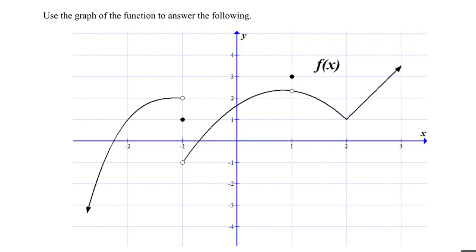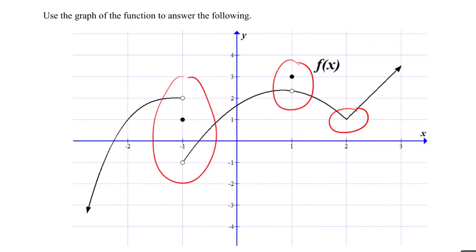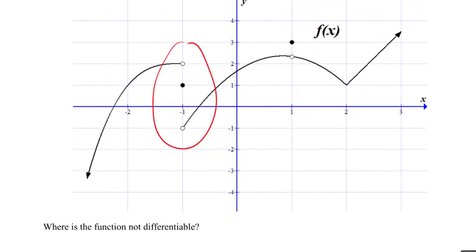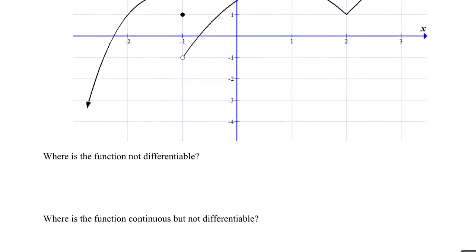All right, and so what I see is if I move from left to right, I have this point right here at -1, discontinuity at 1, and sharp corner at 2. So -1, 1, and 2 are places where I do not have differentiability.